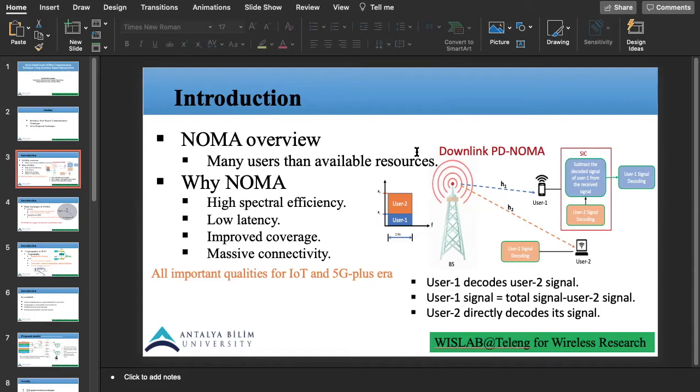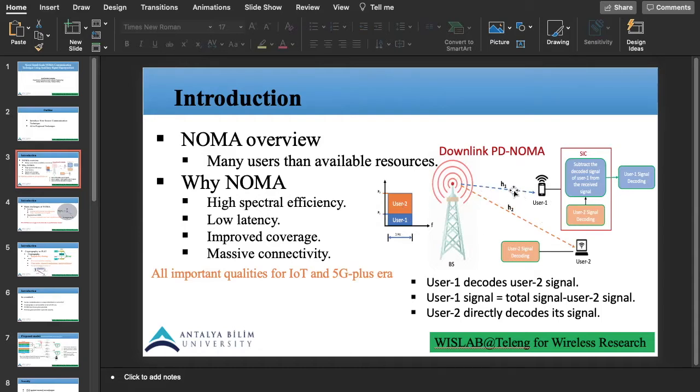So NOMA, which is in the literature right now, for example downlink power domain NOMA, looks like this, where you need to pair two users, one who has a bad channel and another who has a good channel, and then you allocate them different powers and send your signal.